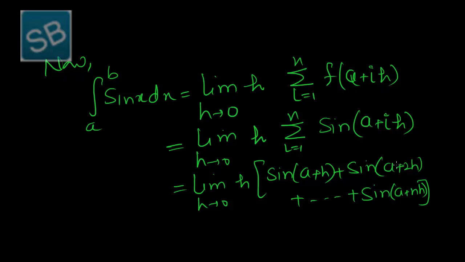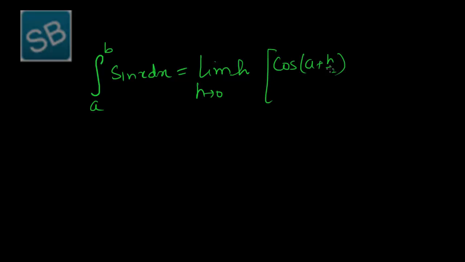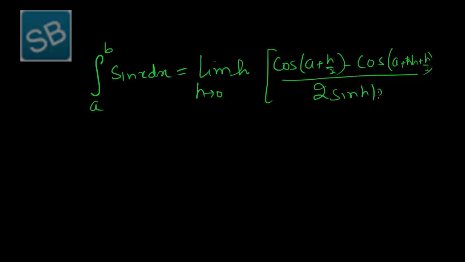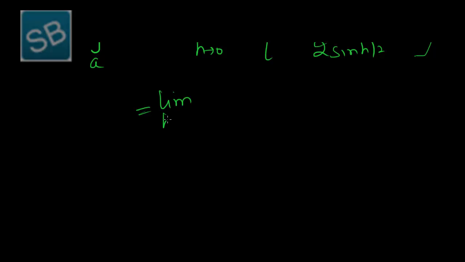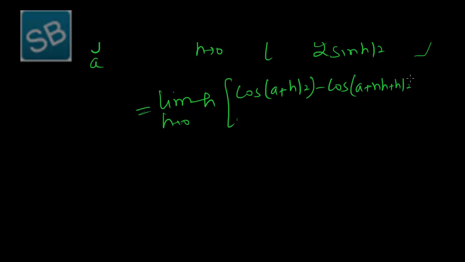So if we see, we can use the standard result of this sine series and we get integral a to b sin x dx is equal to limit h tends to 0 h times cos of a plus h by 2 minus cos of a plus nh plus h by 2 over 2 sin h by 2.